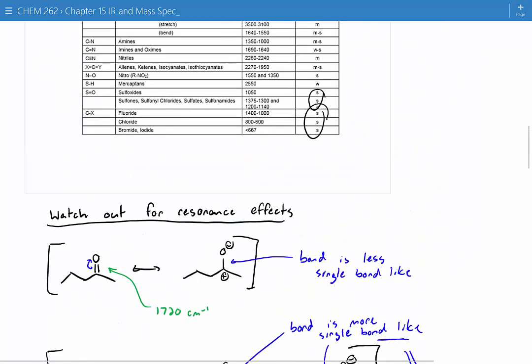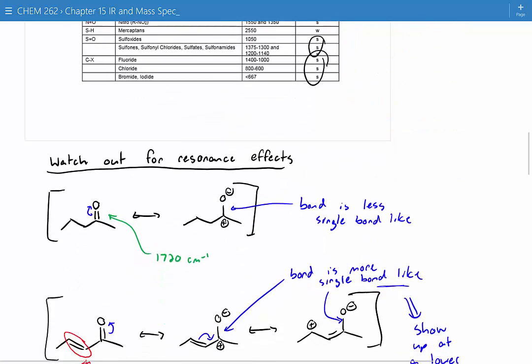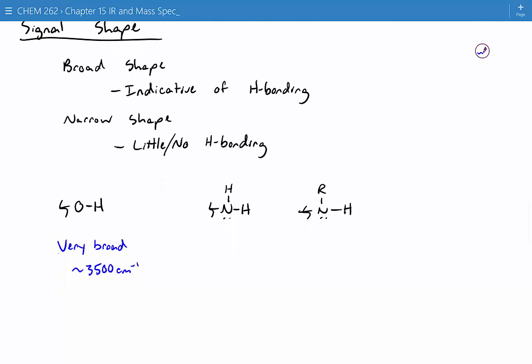If we go back to our chart and check where they should show up, we see that alcohols will show up a little bit differently depending on whether or not they're free or H-bonded. You may see both of them, but they typically show up around 3,500 inverse centimeters. And if we look at our primary amines, there are two peaks. We've got two hydrogens, which is a really useful diagnostic tool, and they are less broad.